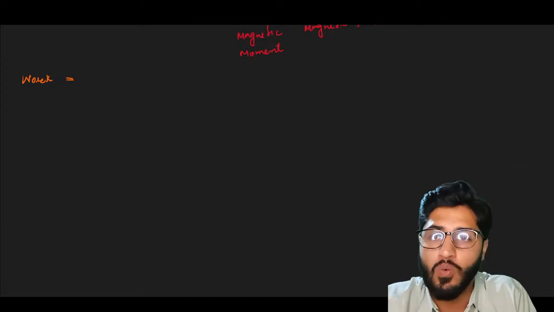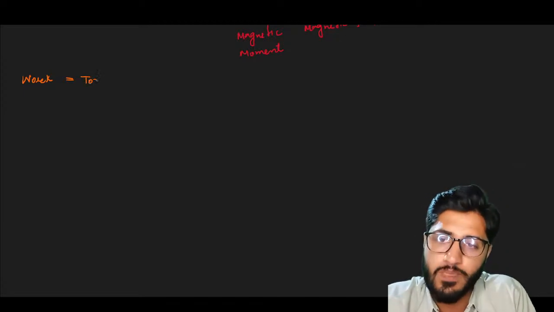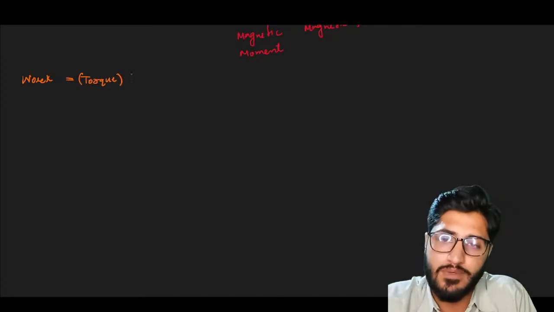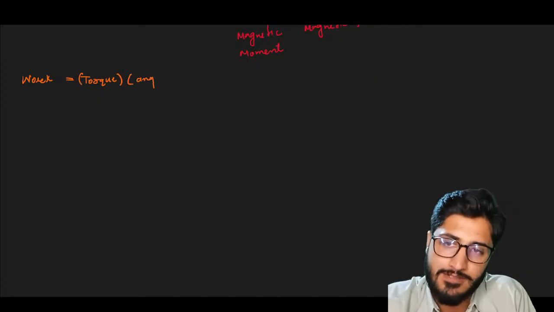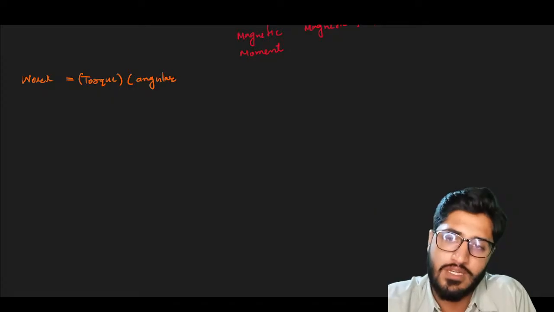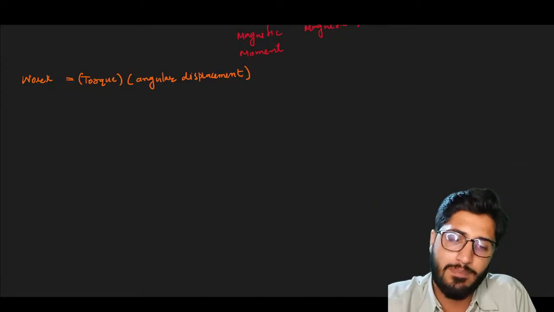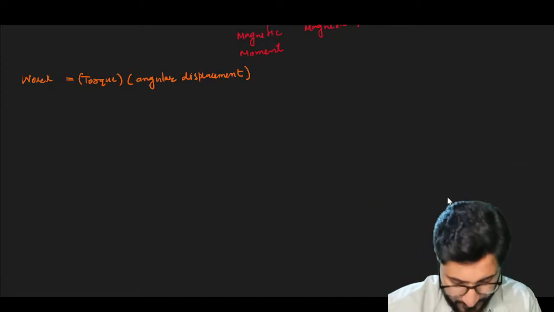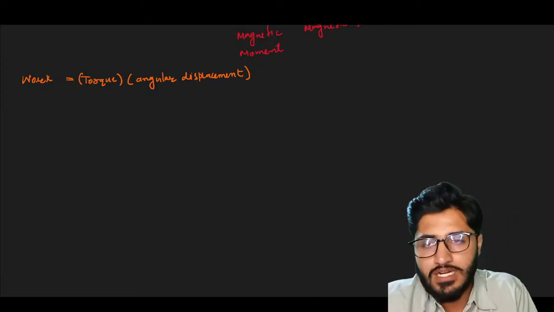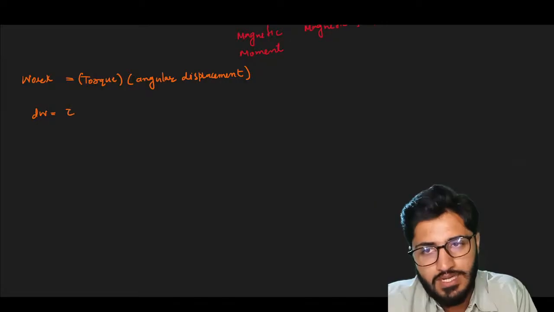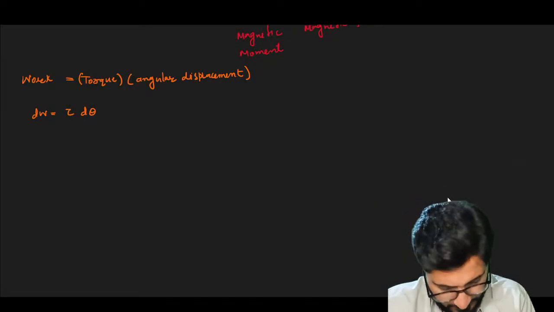So work is torque into displacement, and here we have angular displacement. Work is torque multiplied by angular displacement. So dW equals tau d theta. Done?